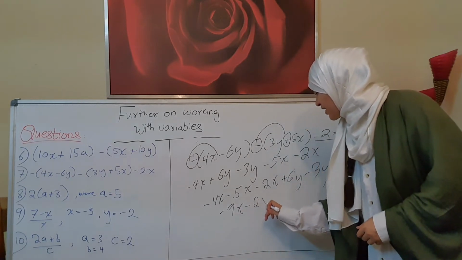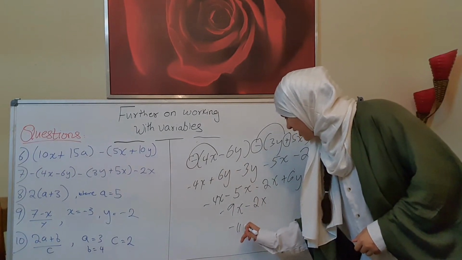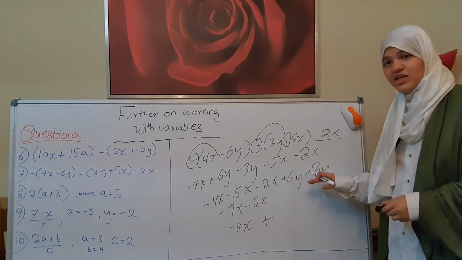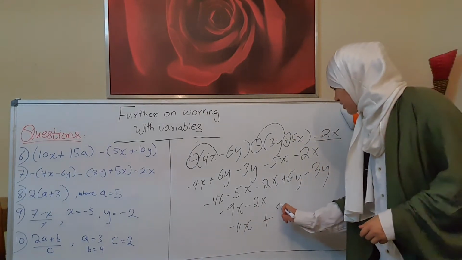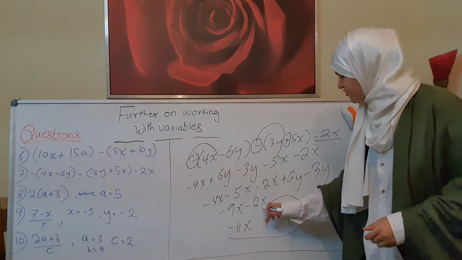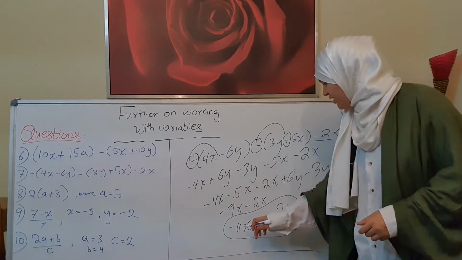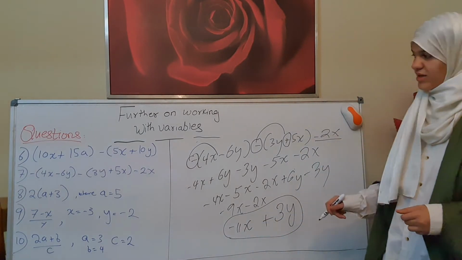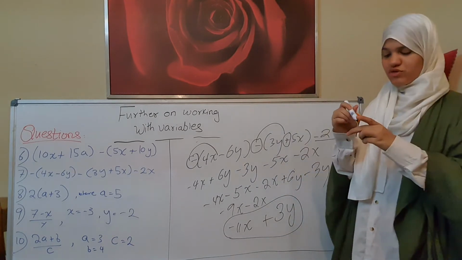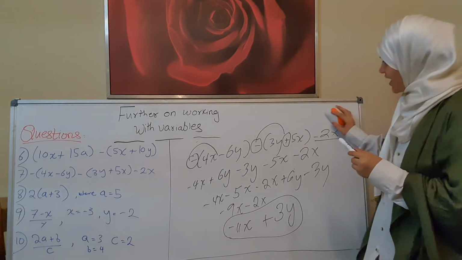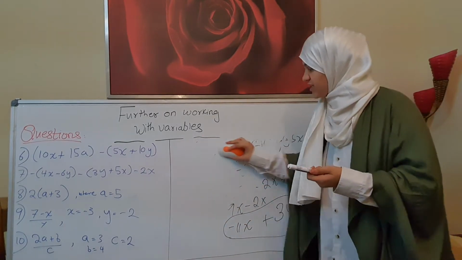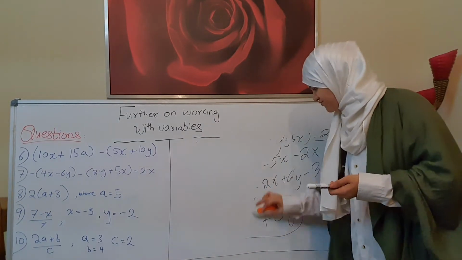With negative 2x, it will be negative 11x plus 6y minus 3y, it will be 3y. So as the final answer, what we have? Negative 11x plus 3y. This is the final answer for question number 7. Now let's go for question number 8, which says putting numbers in place of variables.